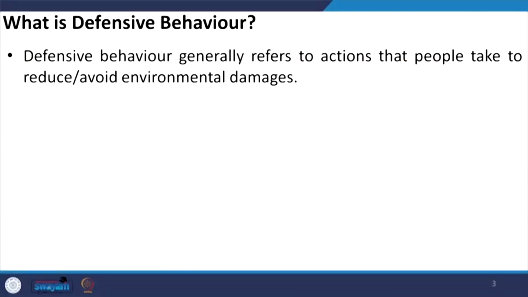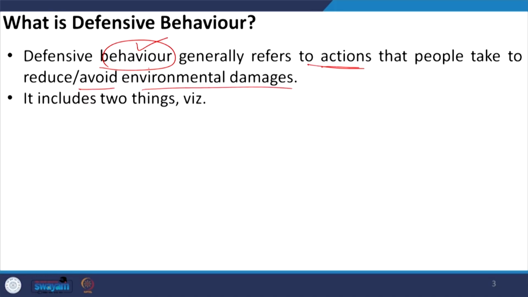Typically, defensive expenditure or defensive behavior refers to the actions that individuals adopt to reduce or to avoid environmental damage or environmental bad. Here we are emphasizing the word behavior, and how this behavior is transformed into actions, so that these actions avoid or reduce the environmental bads.